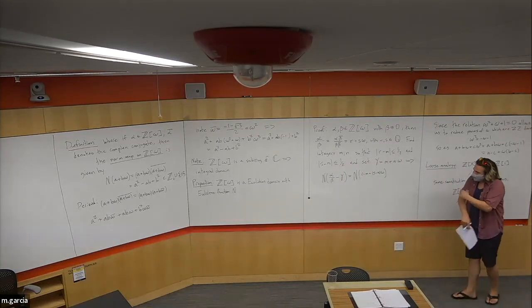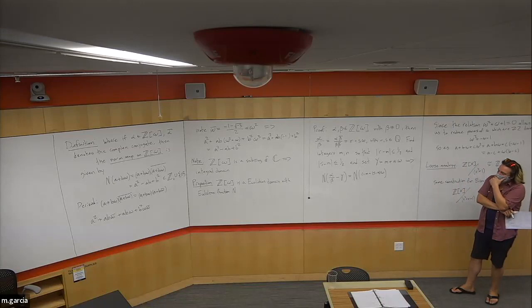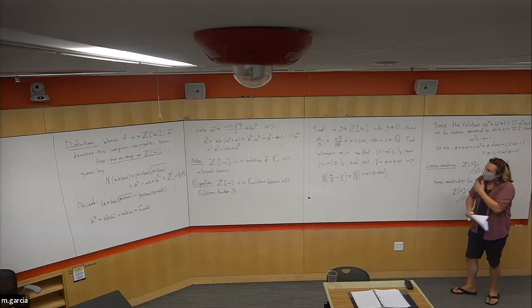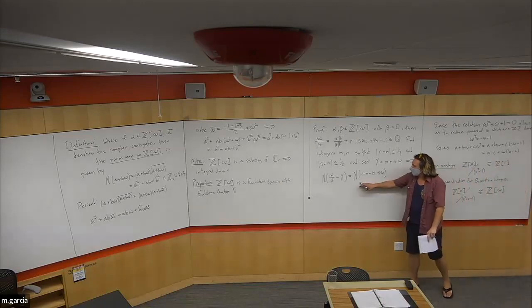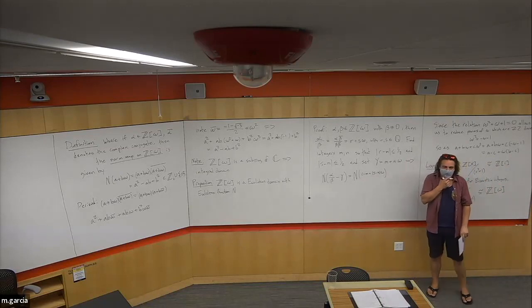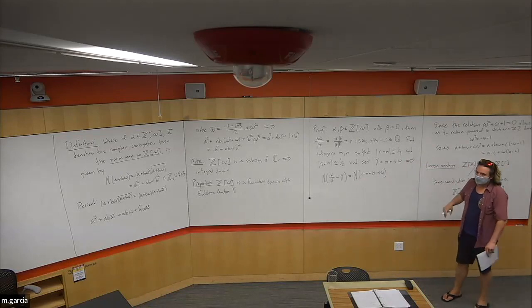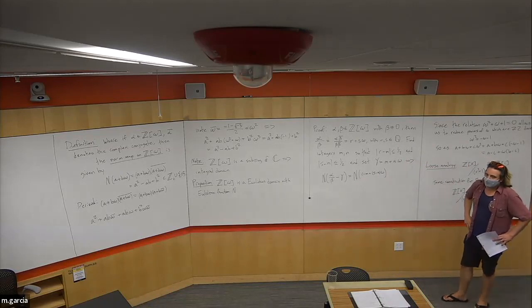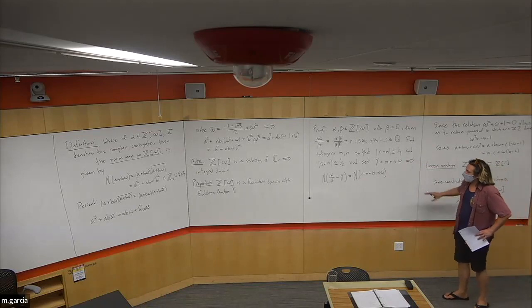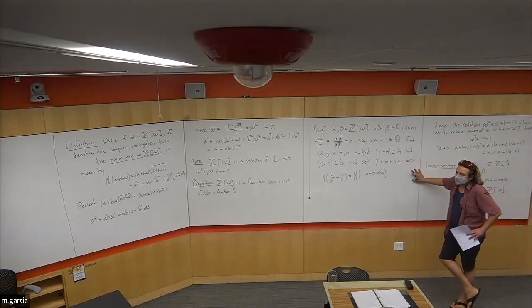So what's wrong with this expression, N of this complex number? For r minus m and s minus n, they're not necessarily integers.